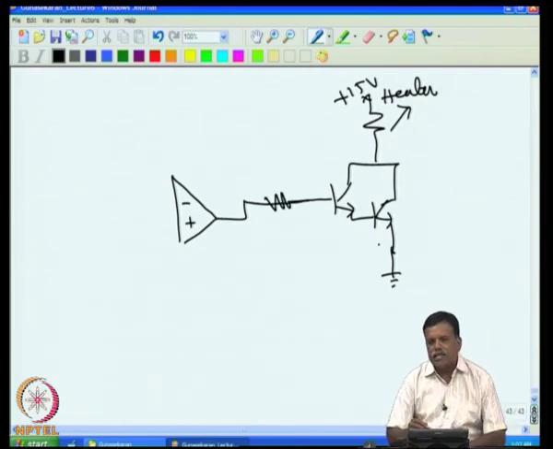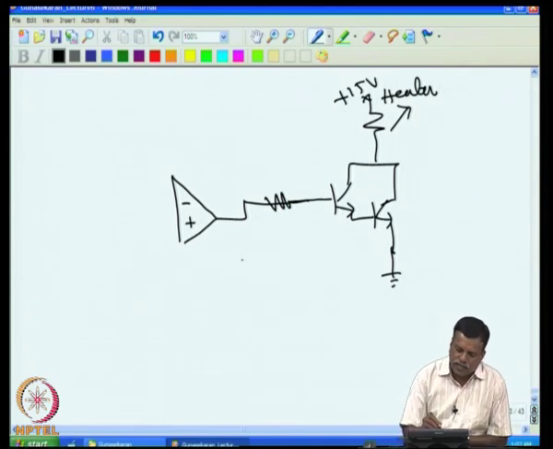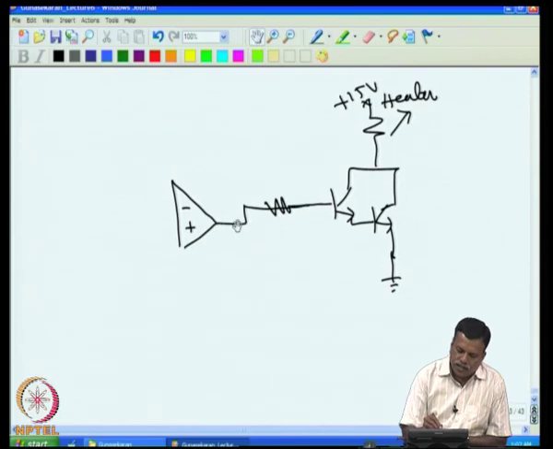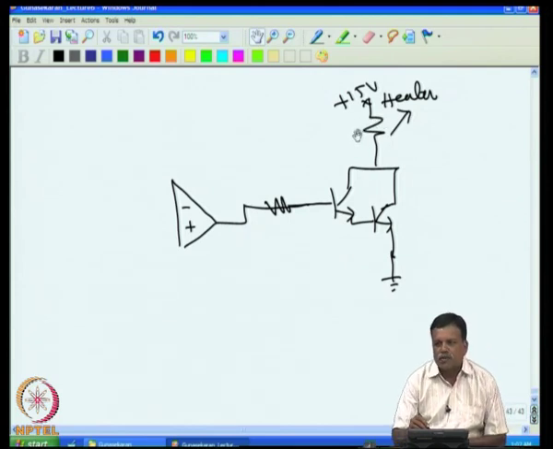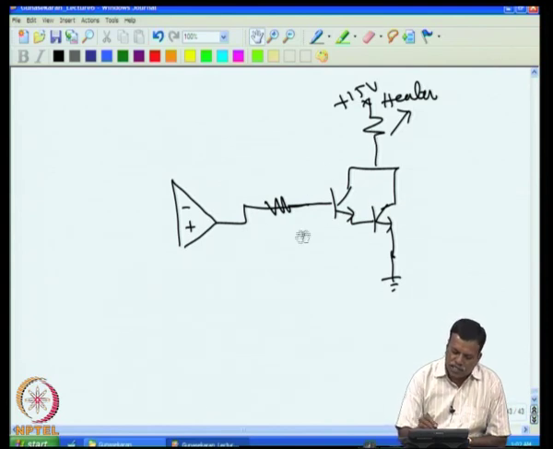Now if I connect like this, then this will not act as a proportional controller, because whatever voltage change is occurring at this point should produce a corresponding voltage change across the heater; only then will the proportional controller action work. If the proportional controller is not acting well, then obviously adding integral and differentiator will also not do anything, because in this case, a small change in voltage here will produce a large change in voltage here.